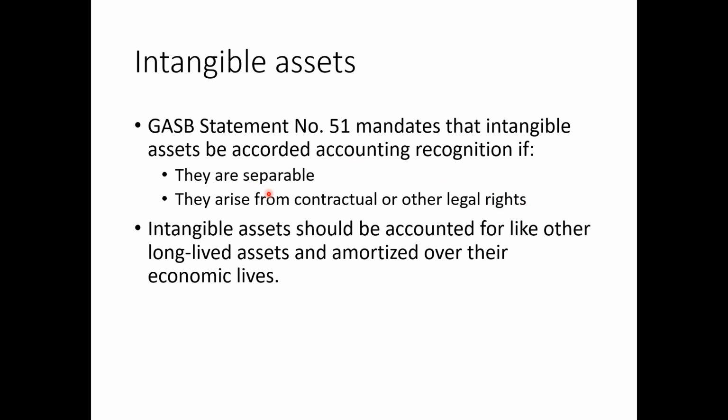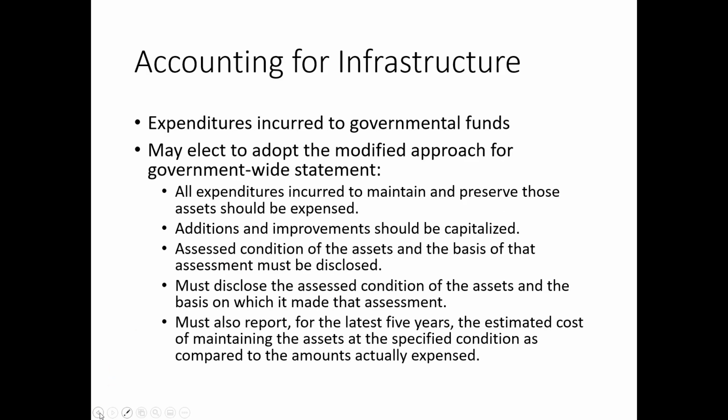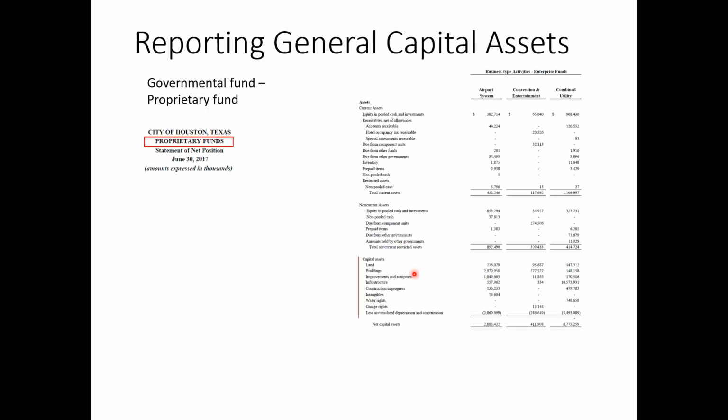Okay, so these intangibles will be recorded. Intangible assets should be accounted for like other long-lived assets and amortized over their economic lives. So if we go back to those Houston statements, right, we do see intangible assets, right?